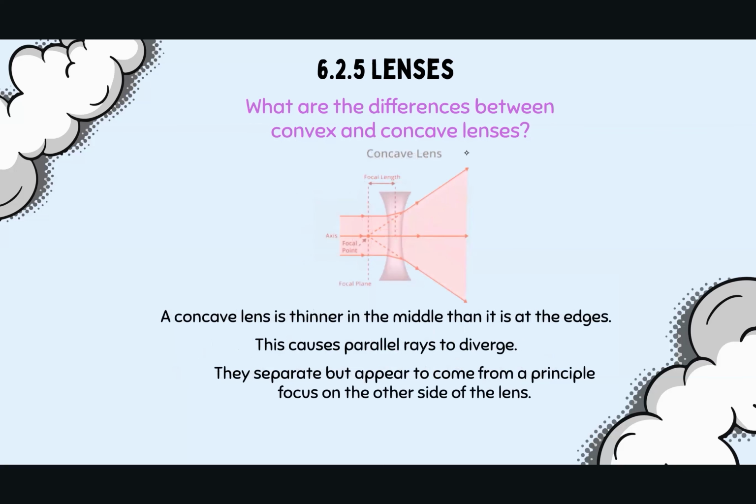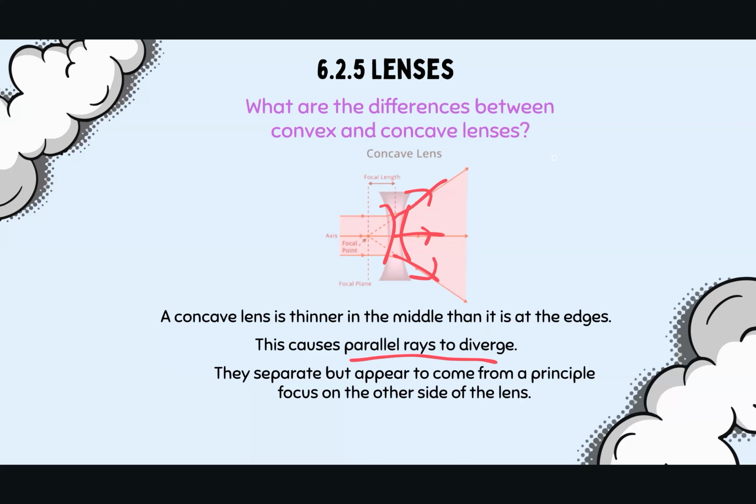A concave lens is thinner in the middle than at its edges. This causes parallel rays to diverge, meaning they refract outwards. They separate, but they appear to come from a principal focus on the other side of the lens.